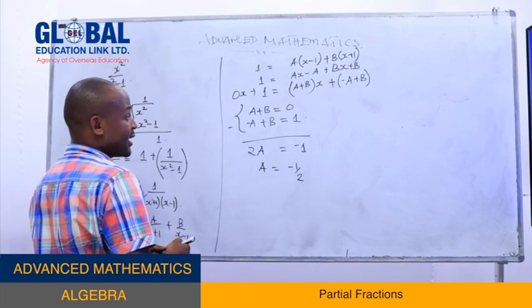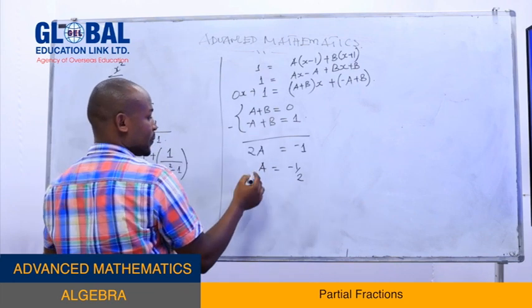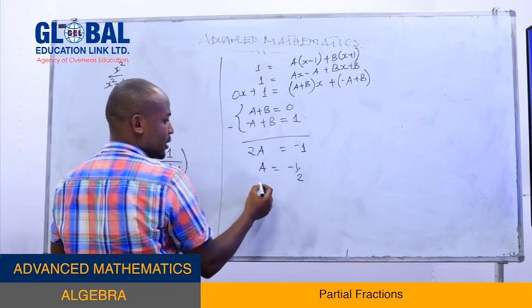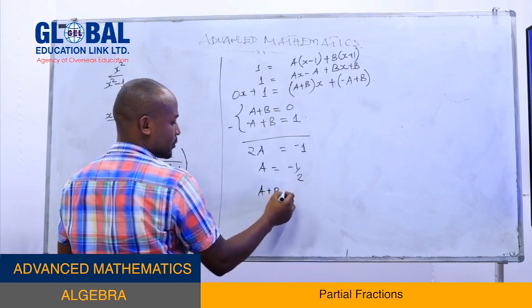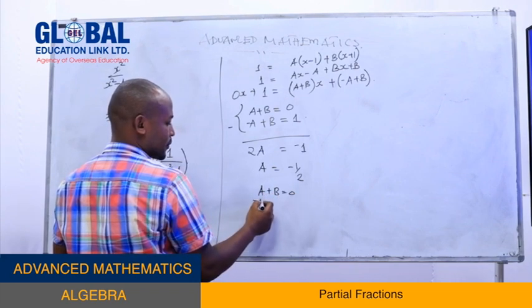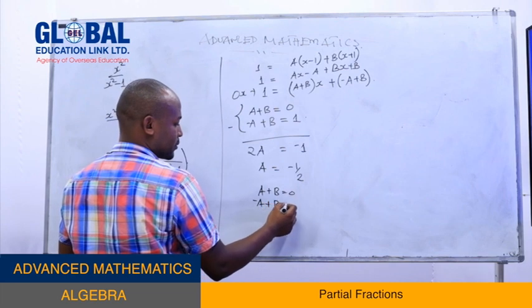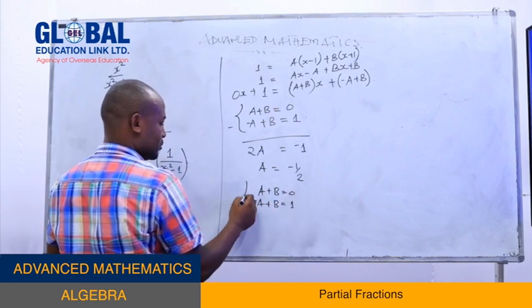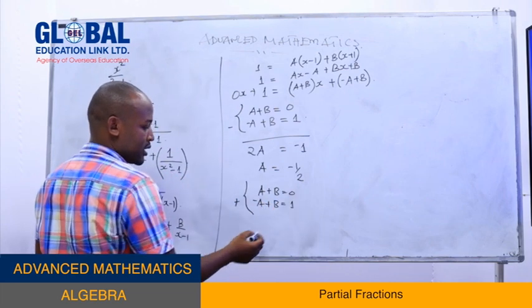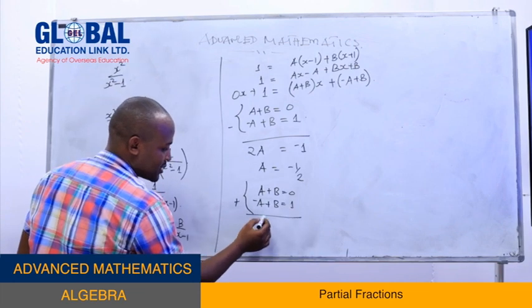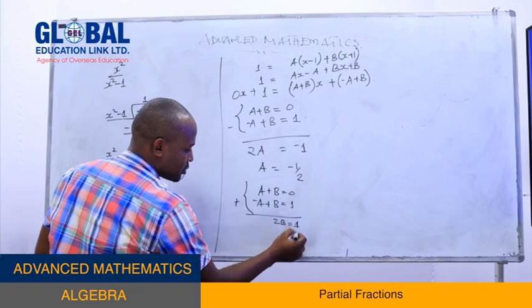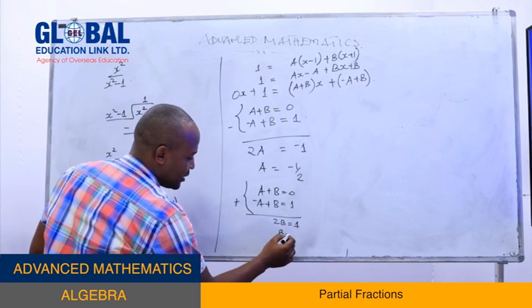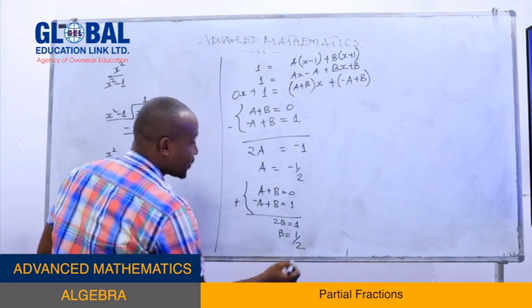And let's go back again and eliminate the A. Let's add. If we add, then we shall have a 0, and then there we have 2B equals to 1. That means we have B which equals to 1 over 2.